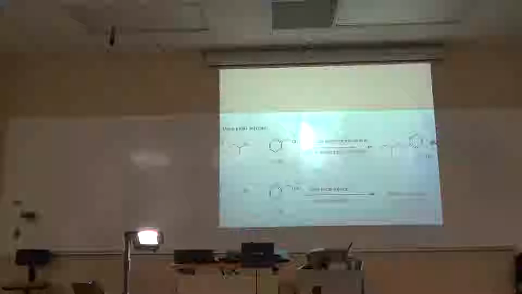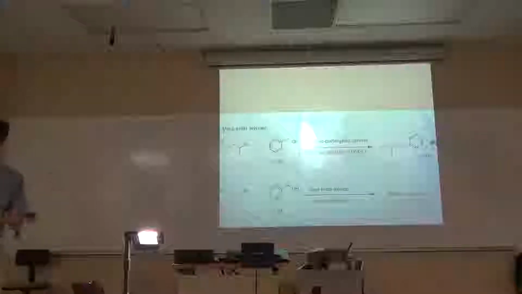Since it's SN1, what's the first step of the mechanism? Br leaving. The alcohol is too weak to kick it off. What's a way to make Br leave faster than it would on its own? Silver ion. What's another way?